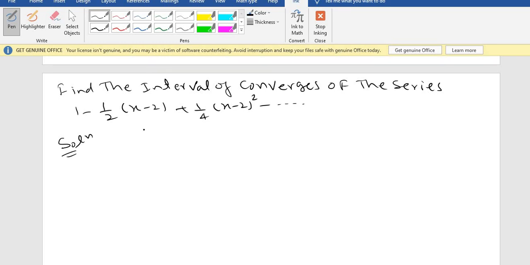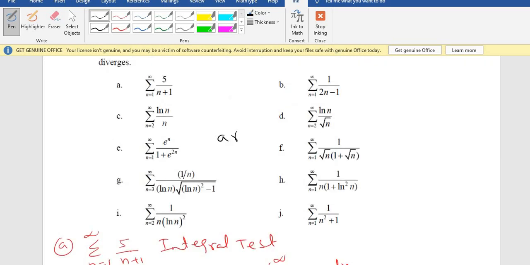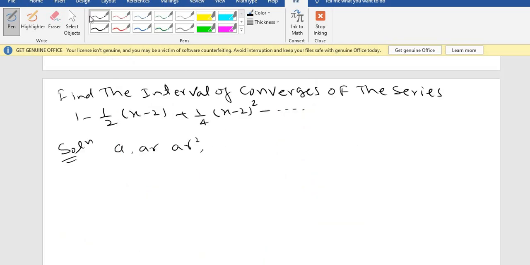For that type of series, we know that there is a series which is called GP: a, ar, ar square, ar power 3, and so on.